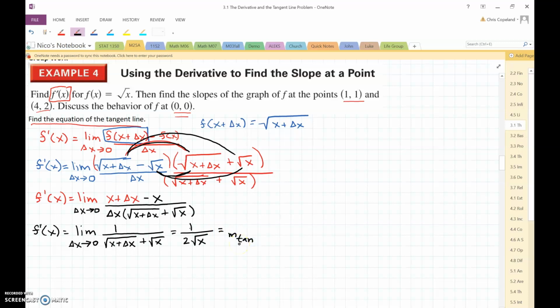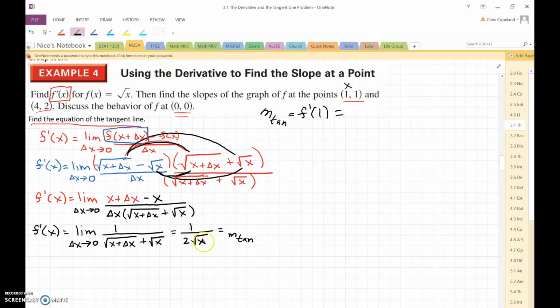And so we want to find the slope of the tangent line, which would be f prime when x is equal to 1.